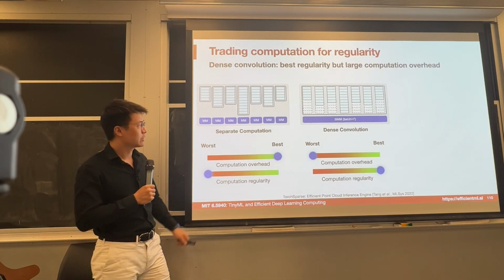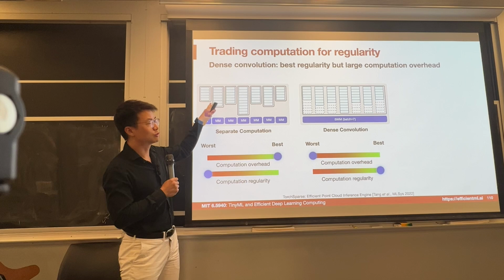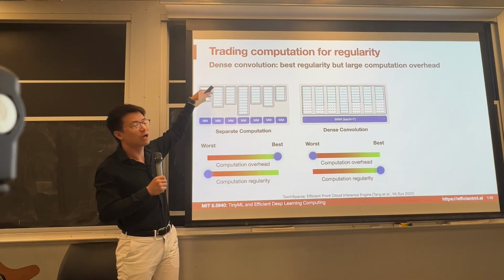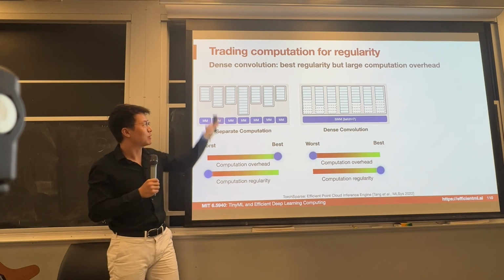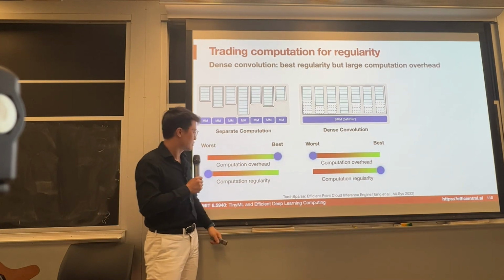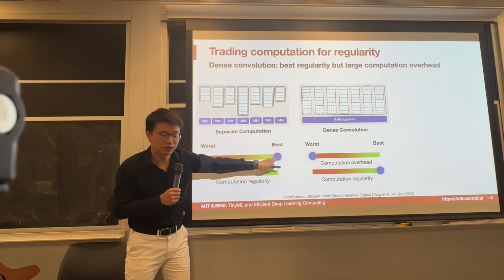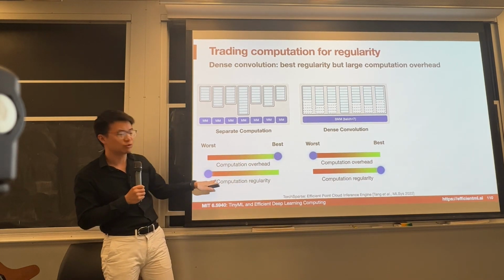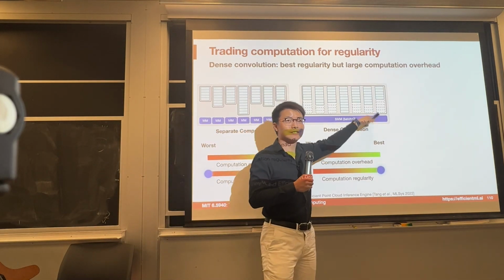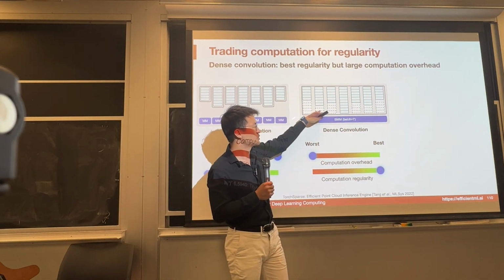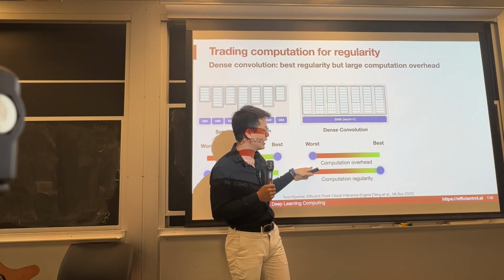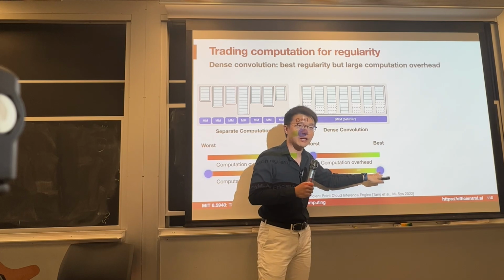So in comparison, with the baseline approach you don't waste any cycle. You only calculate on non-zero elements, but it's very irregular and very difficult to parallelize. So overhead is pretty good, no overhead, but computation regularity is pretty bad. Or we can batch everything together and pad a lot of zeros to make it a dense convolution. So lots of computation overhead, very bad, but regularity is super good.